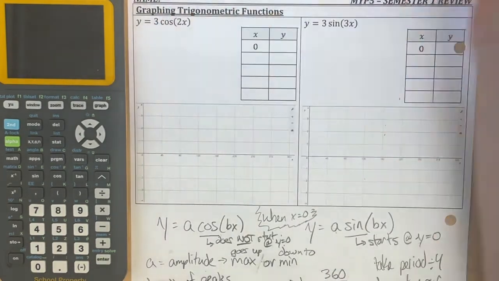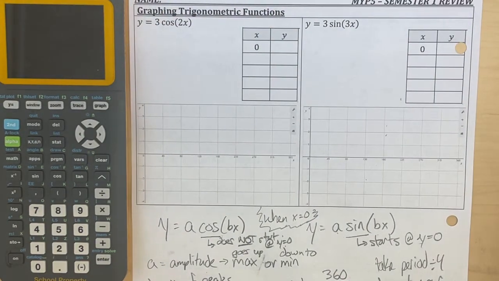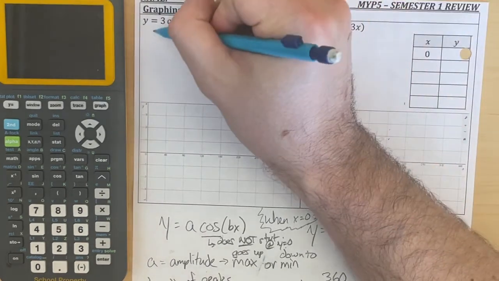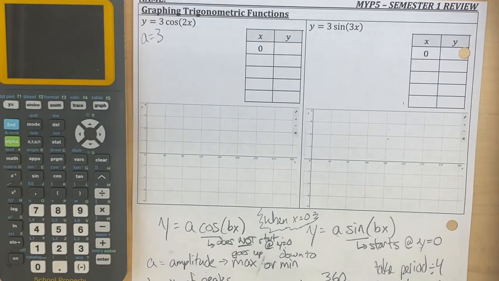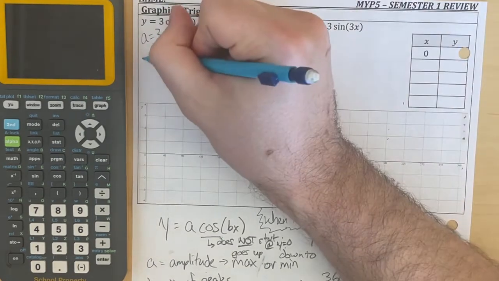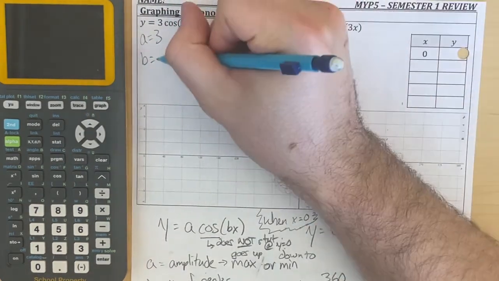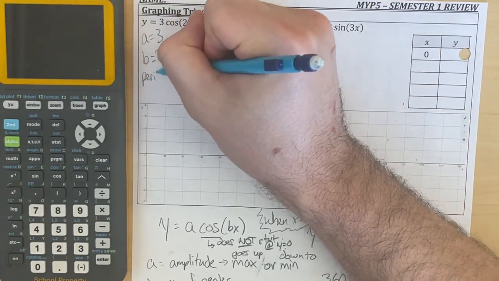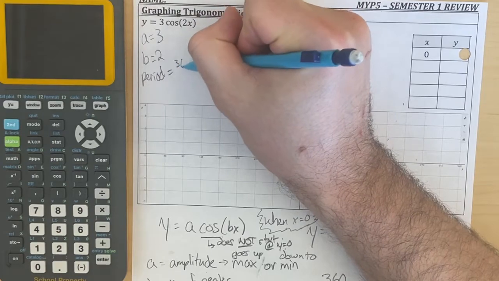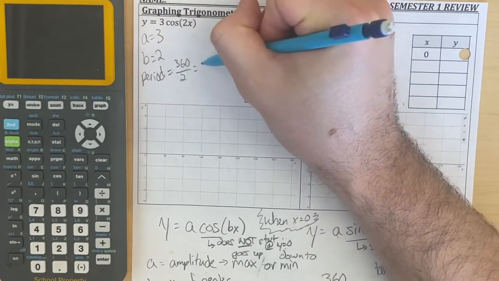Our function is y equals 3 cosine of 2x. Our amplitude is 3, so it has to go up to 3, down to negative 3. We have our value of b as 2, so our period is 360 divided by 2, which is 180.